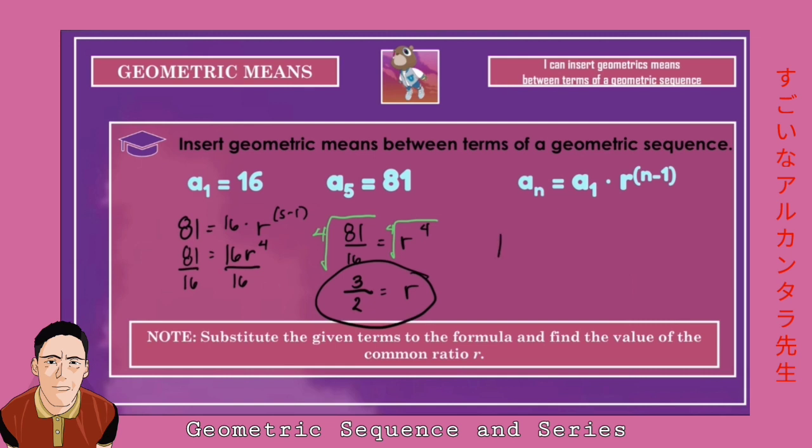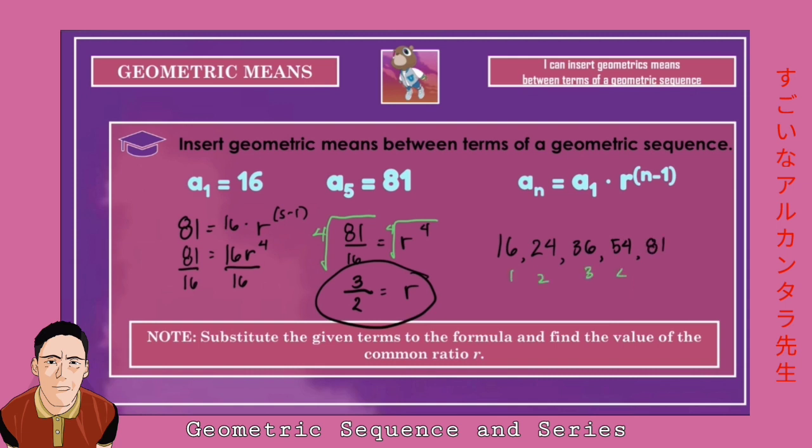Using this ratio, our first term is 16, followed by 24. Am I correct? Is it 24? 16 times 3 is 48, divided by 2 is 24. Okay. Next one is 36. Next one is 54. The next one is 81. So it's correct.